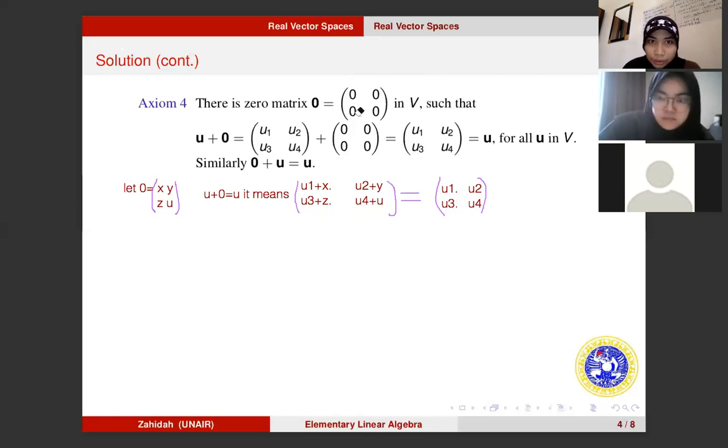That's why our zero matrix here is the matrix whose entries are all 0. Okay, so it's just our construction. So from the zero matrix here, we get this identity property, U plus 0 equals 0 plus U equals U.